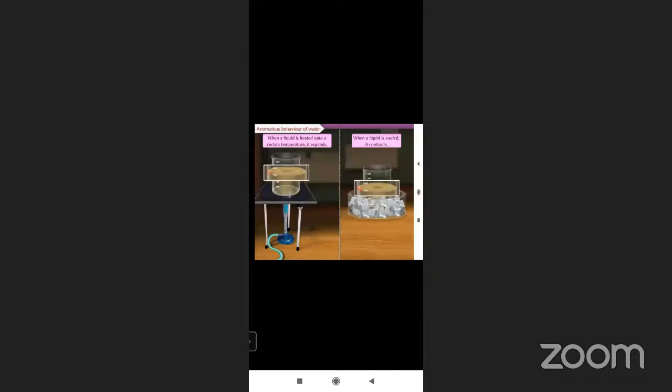The melting point of ice becomes lower than 0 degrees Celsius due to pressure. Now we have applied pressure by putting the weights on the ice slab, means we are giving pressure, right? So the melting point of the ice goes lower than 0 degrees Celsius due to pressure. This means that the ice gets converted into water.